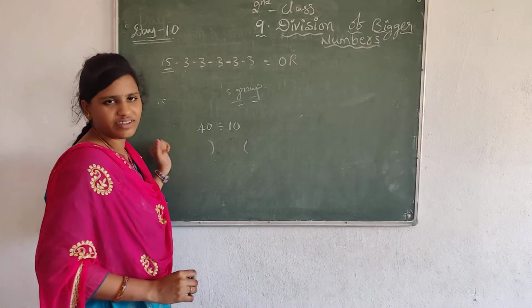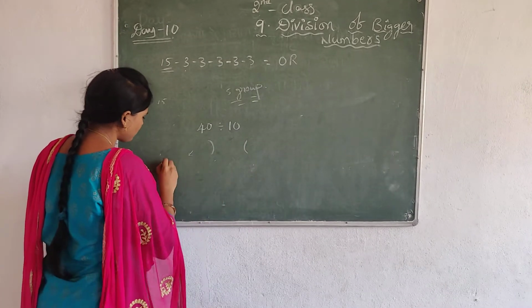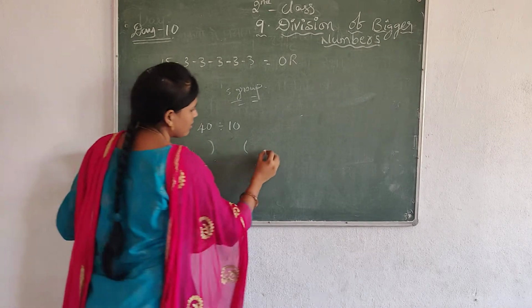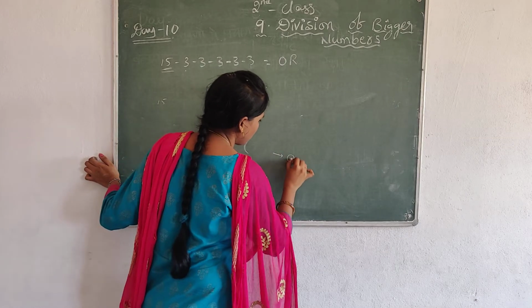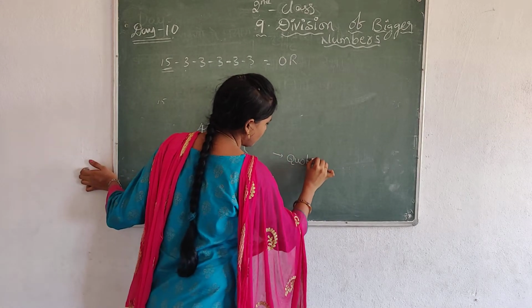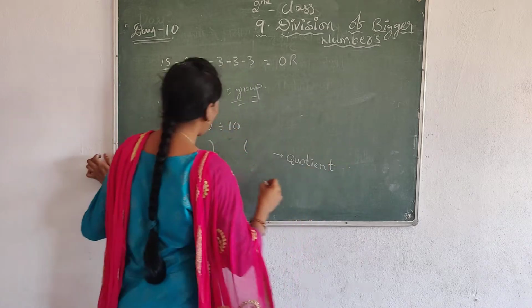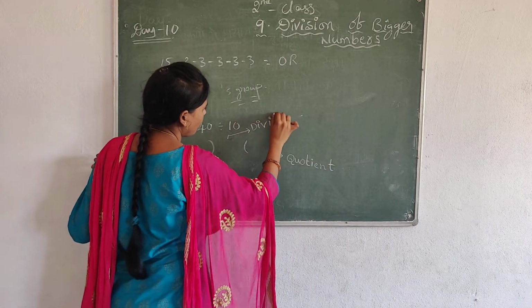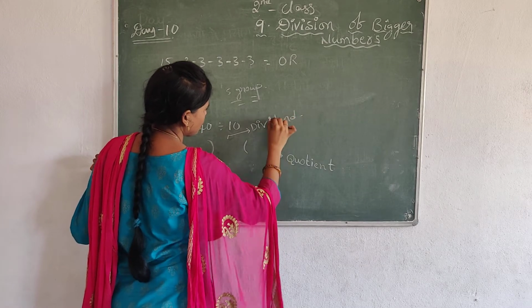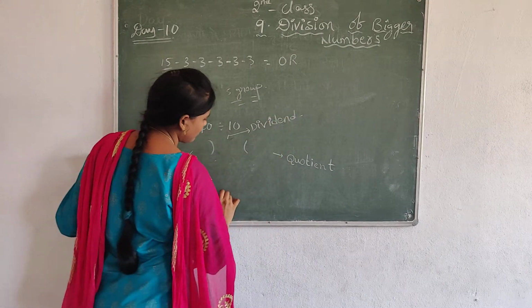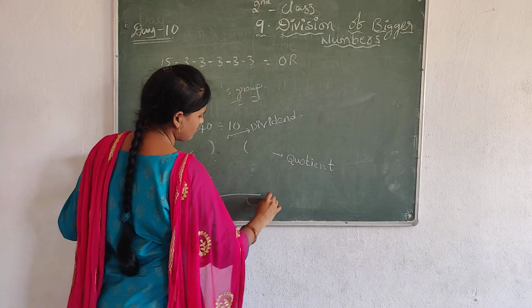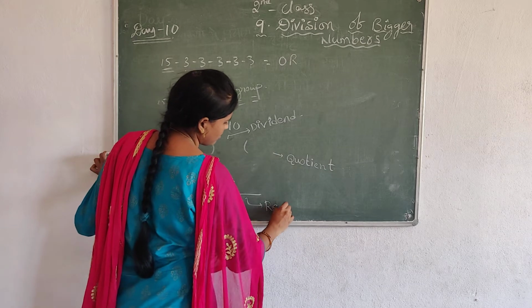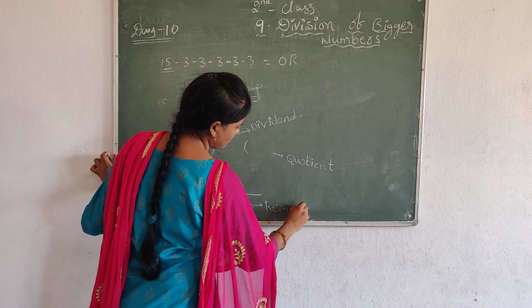In this, the left side bracket is the divisor, this right side bracket is the quotient, and this one is the dividend. The last one is the remainder.